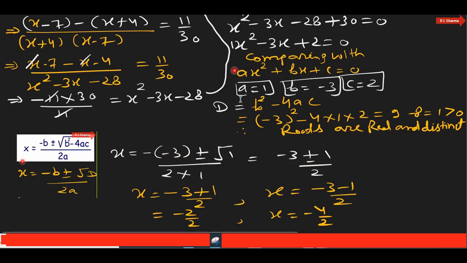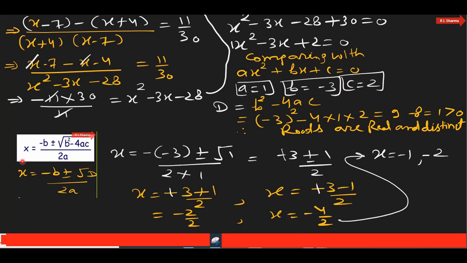So further we can write the answer is, on further solution, x is equal to minus 1, x is equal to minus 2. So roots are, sorry, this is minus minus plus, that is also plus plus.